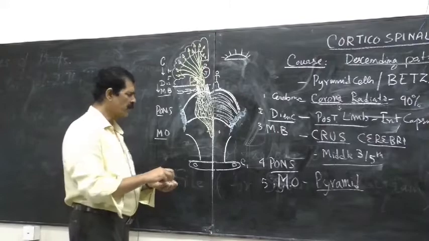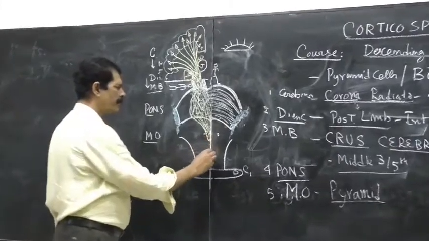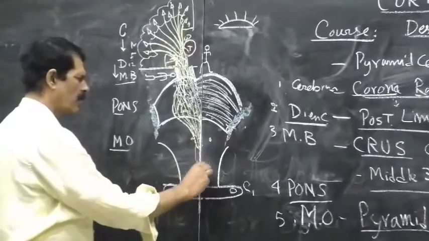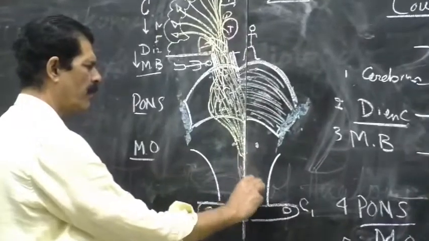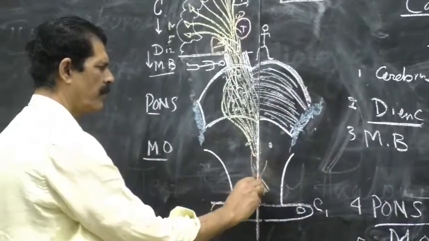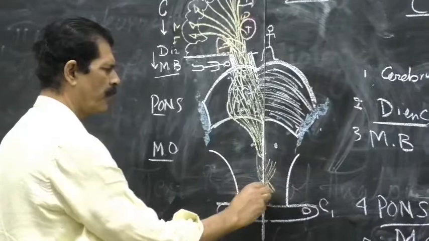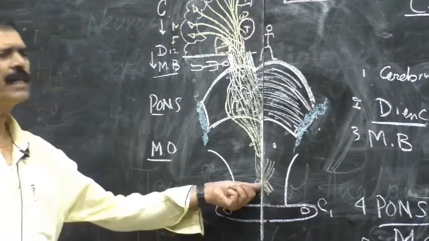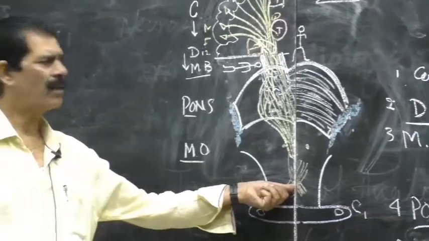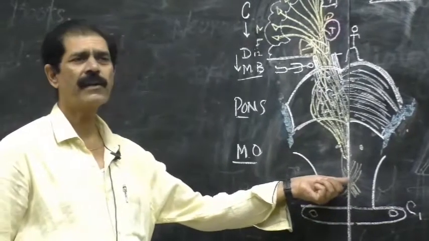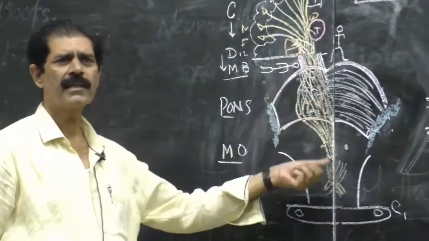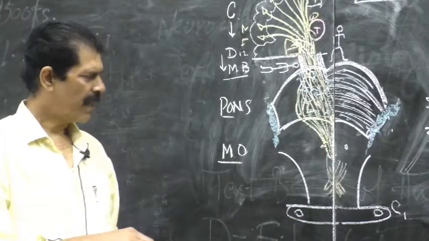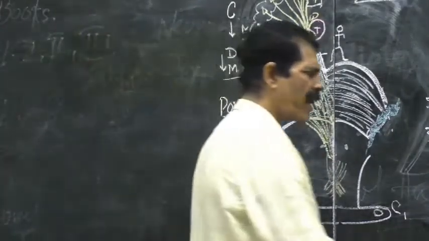85% of these corticospinal fibers cross to the opposite side. 85%. And this crossing is also visible on the surface of the medulla in the lower part as the interruption of the anterior median sulcus. And this crossing is called pyramidal decussation.